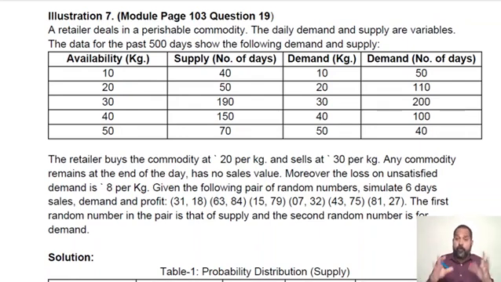Well, there are other food products that you can do that with. This food product is perishable, and after that day, you cannot sell it. Fine. Any commodity that remains at the end of the day has no sales value, which means that if I have bought it for rupees 20, that entire 20 rupees is a loss.